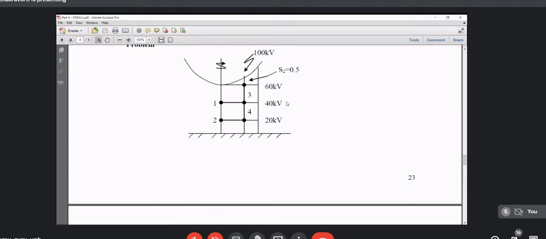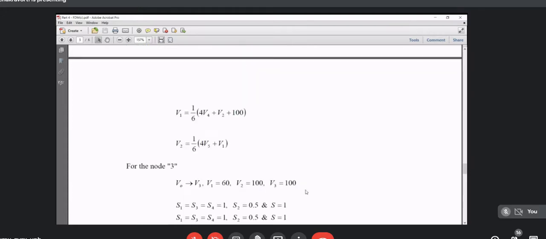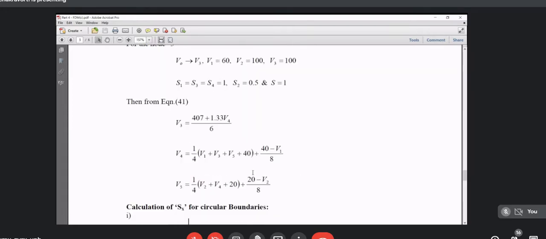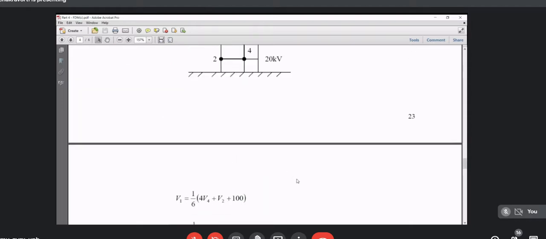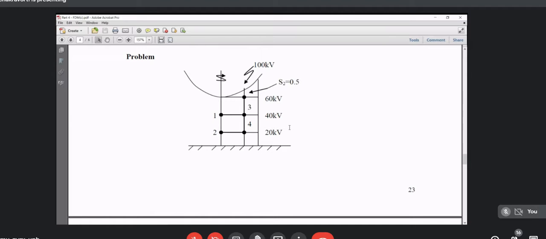Finally, the node 3, here we can see that the nodal distances between 1 and 0, 3 and 0, 4 and 0 are all the same. So S1, S3 and S4 will be 1, whereas S2, here it is given as 0.5. So we can write the equation for V3, where S1, S3, S4 is 1, S2 is 0.5, and at the same time we have to understand that 3, 4 and 5 are lying away from the axis.